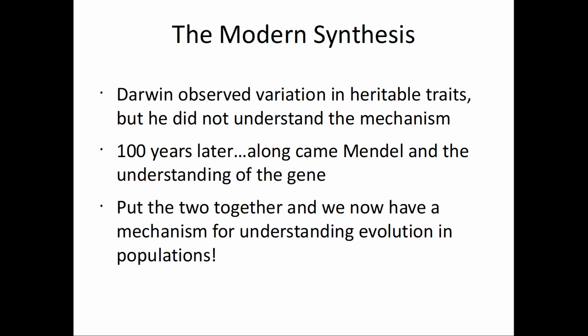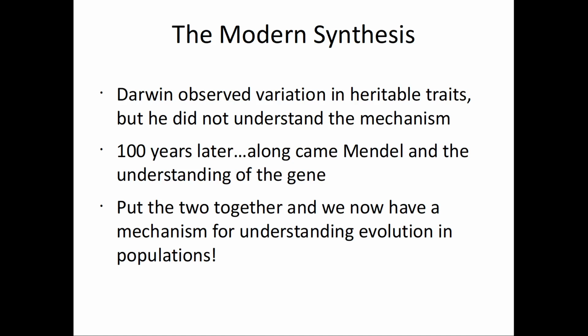All right, there's also something called the modern synthesis. We talked about Darwin last chapter. He made a lot of observations. He didn't understand any of the mechanisms, right? He didn't know about genes. He didn't know much about heritability. He definitely didn't know about chromosomes and certainly didn't know about DNA.